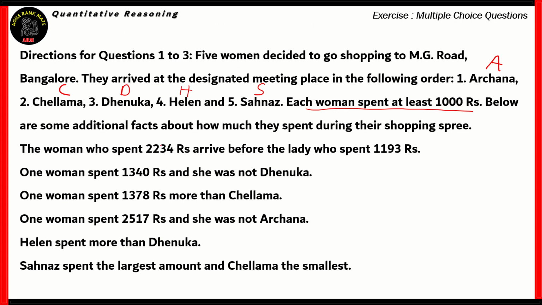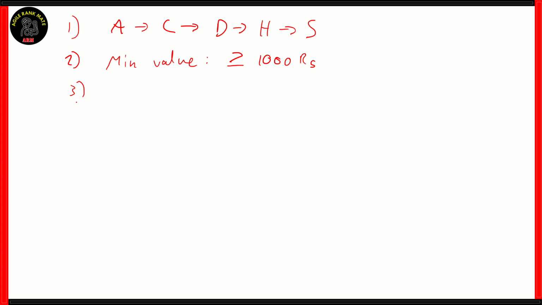Now, if we look at the additional facts, 2234 comes before 1193. This is the gist of the particular statement. So, clue 3 gives us that the amount 2234 rupees, whatever woman had spent it, comes before the woman who spent 1193 rupees.